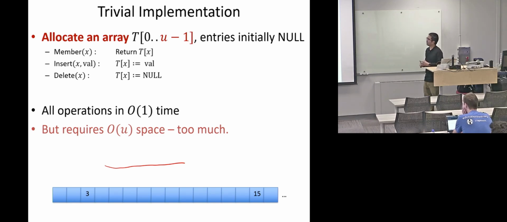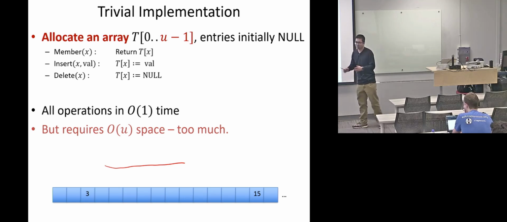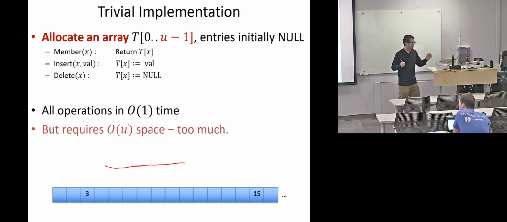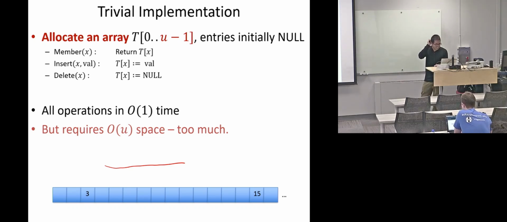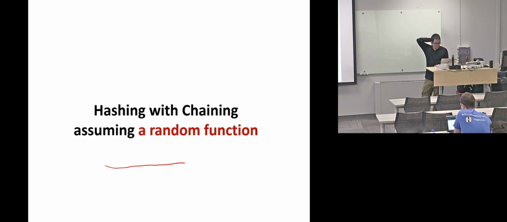Here the operations would take constant time, but it would require a lot of space, so that's just not acceptable. When u is 2 to the 200, that's too big, bigger than the number of atoms in the universe.